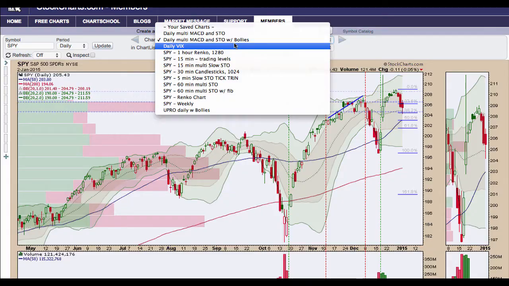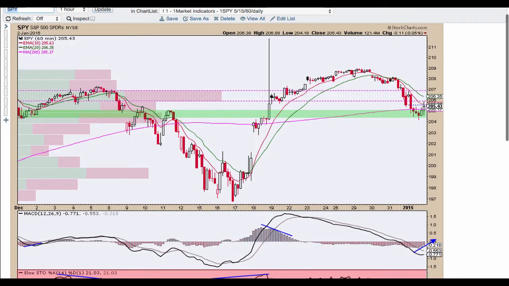Let's take a look at the 60-minute, where we can see that area where we lost support, came back, broke through it, and then moved back above that level and found support here again. Now note this candle right here at the end of the day. We tagged the bottom of this volume by price bar and then moved off of that.